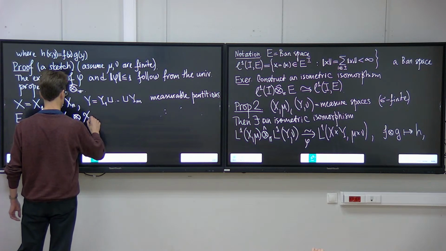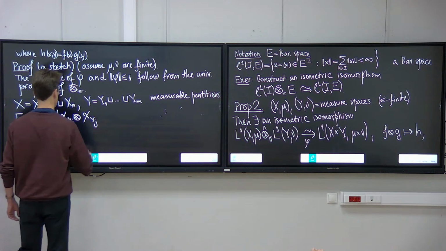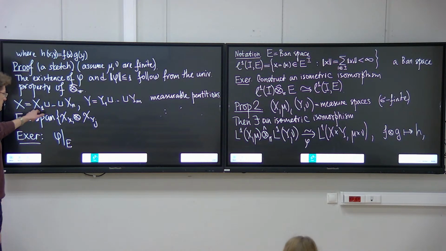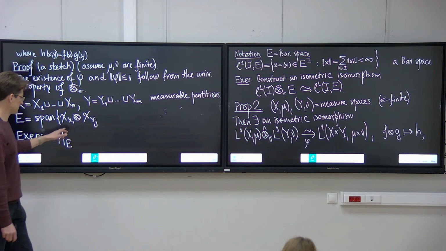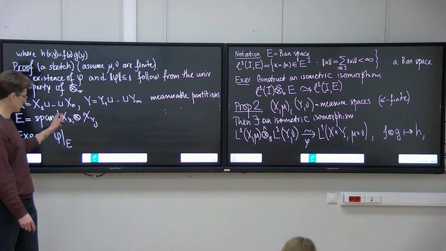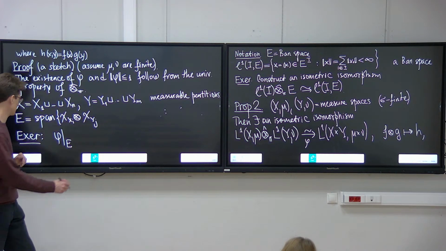So we consider characteristic functions of the sets X1 to Xn, characteristic functions of the sets Y1 to Ym, and we form the respective elementary tensors.